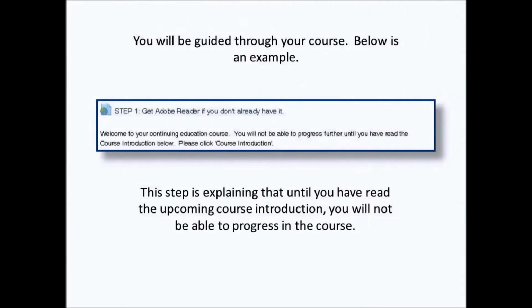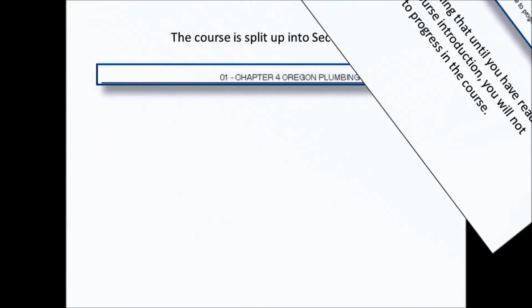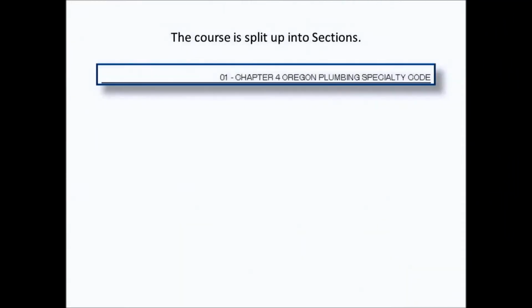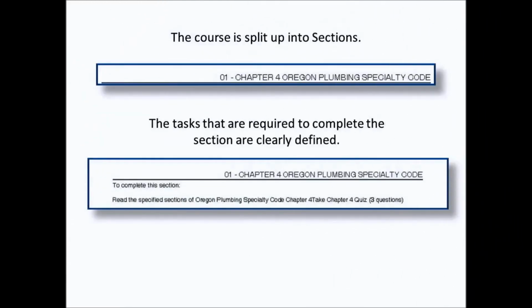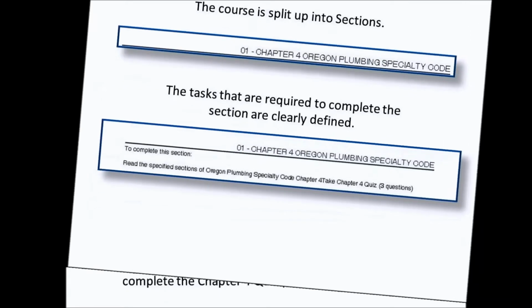You will be guided through your course. Below is an example. This step is explaining that until you have read the upcoming course introduction, you will not be able to progress in the course. The course is split up into sections. The tasks that are required to complete the section are clearly defined.